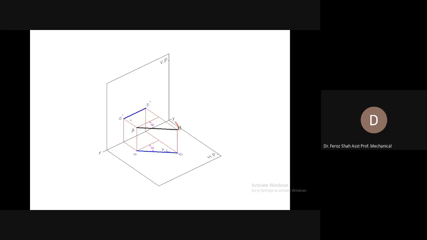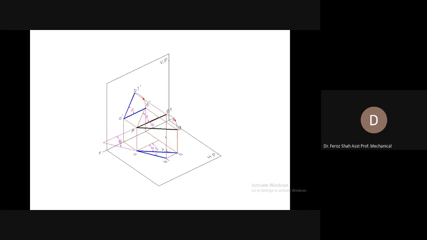And also the position of the front view is dependent on theta. Its size depends on phi and its position depends on theta. Initially, when theta is 0, or if the line is parallel to the horizontal plane, the front view is also parallel to the XY reference line.